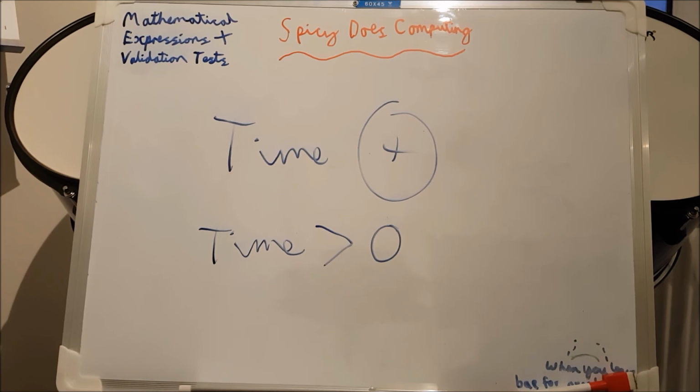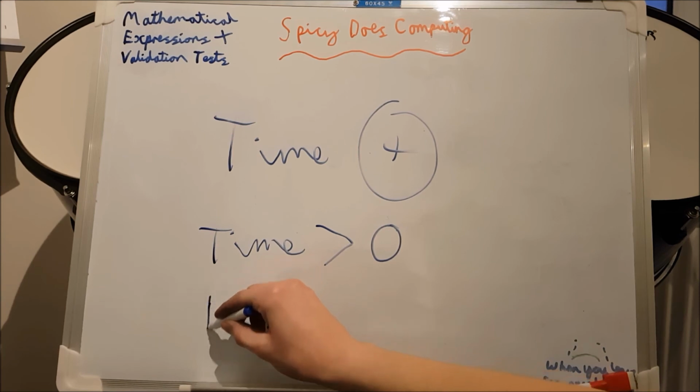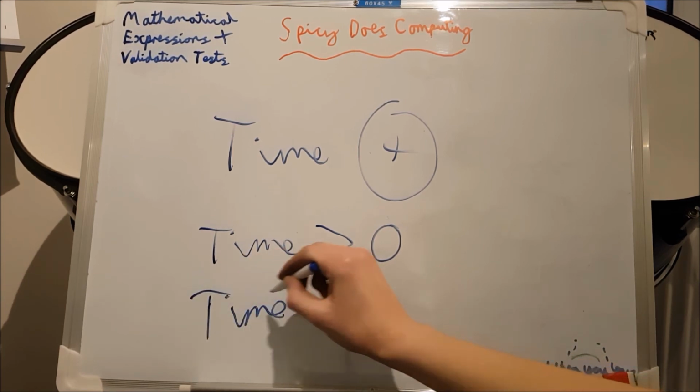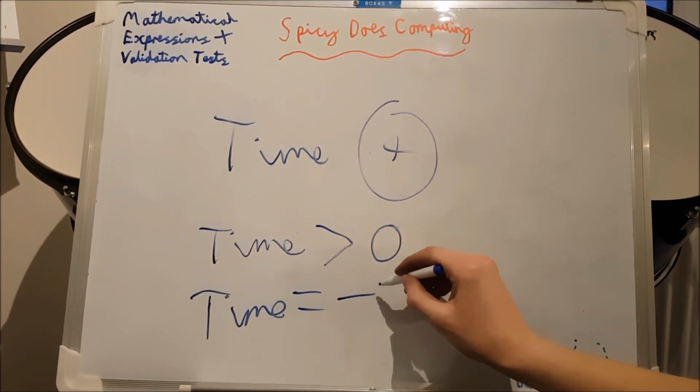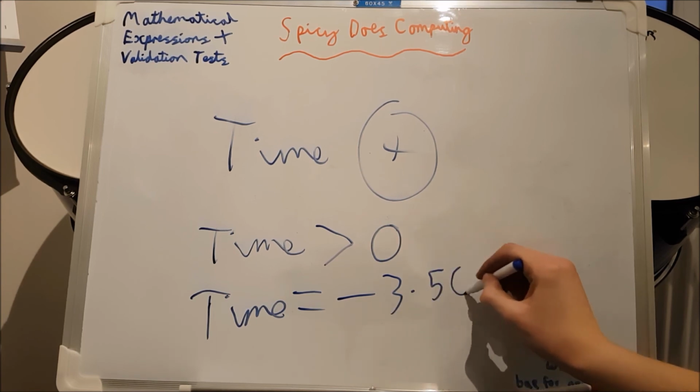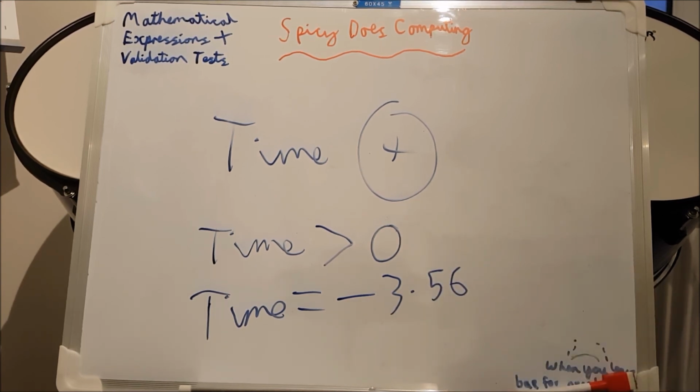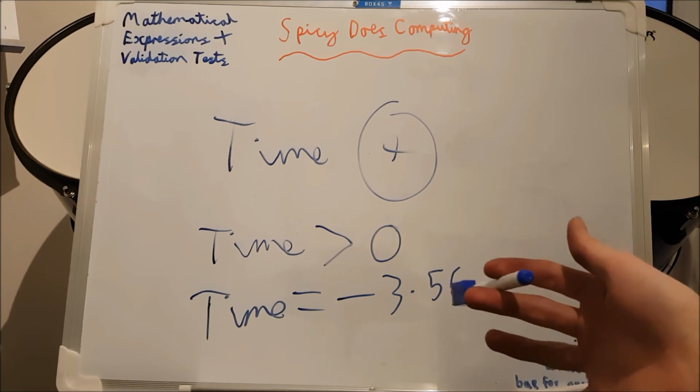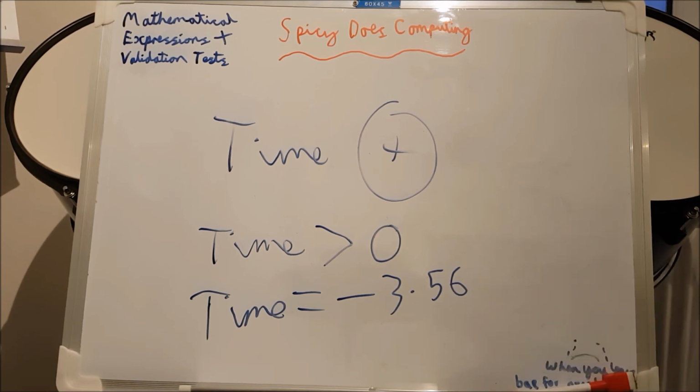Because obviously you can't run a lap in 0 seconds or a negative seconds. So invalid test data, as the question I've been given called for, would be inputting a value of time as minus 3.56. And then hopefully the program will be able to tell you that that is invalid data, please enter something different.